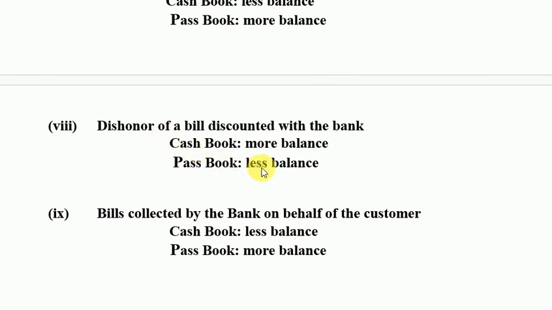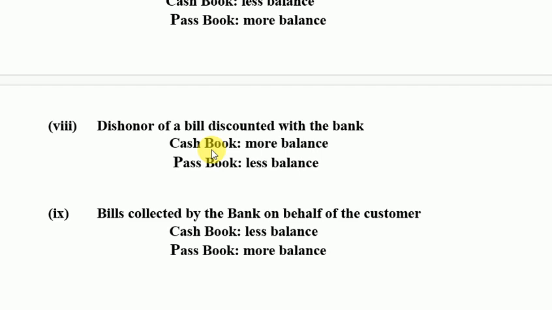And if that same amount has not been recorded in the cash book, it will have more balance. This is what it means, dishonor of a bill discounted with the bank. Children, just like dishonor of bill discounted with bank, whenever you have a check dishonored by bank, that will also have the same impact. Cash book will have more balance, whereas passbook will have less balance. Whether it is dishonor of bill or dishonor of check, the impact will be the same.